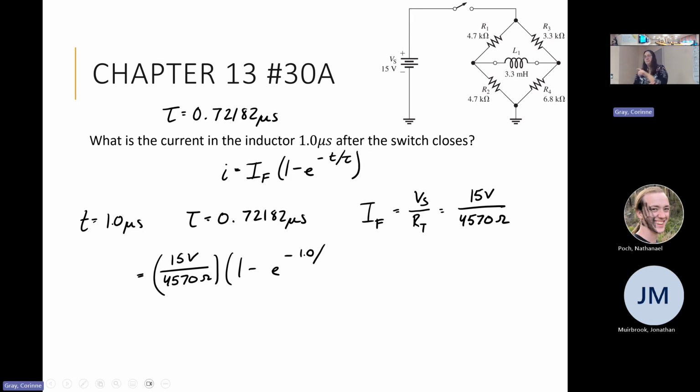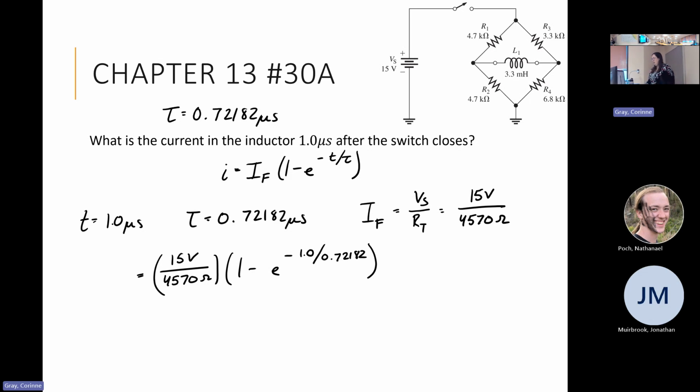What you'll see a lot, especially when I do it, is if I'm looking at my 2 times, they are both in microseconds. Those are going to cancel out anytime we have an exponential in our equations. Whatever's in that power needs to have no units associated with it. So often you'll just see the numbers in there and not the units. We'll have 1 divided by 0.72182, technically microseconds, but again, we don't really care about that.